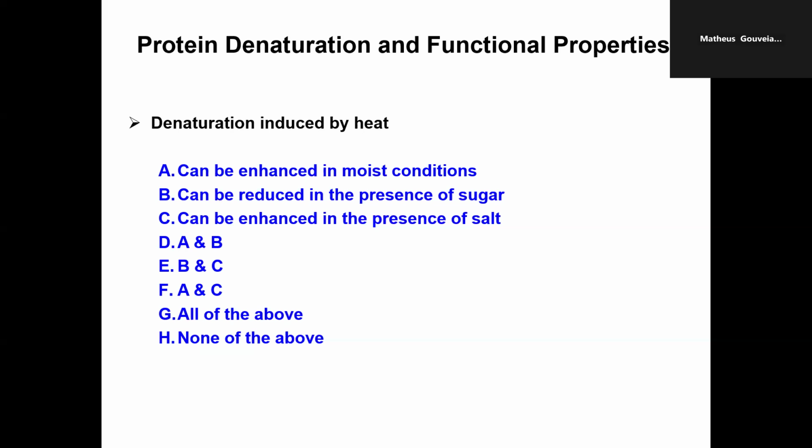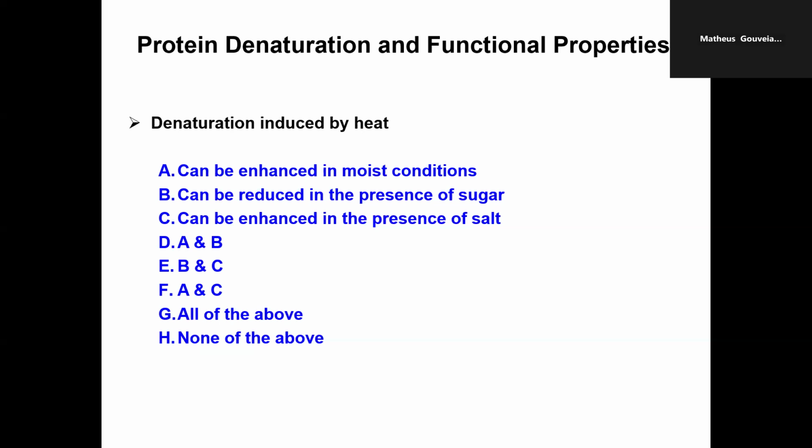Protein in solution will denature at a lower temperature than dry protein, and I'll explain that and show you why. Sugars are cosmotropes. Cosmotropes are stabilizers. Chaotropes, small molecular weight solutes, are destabilizers.